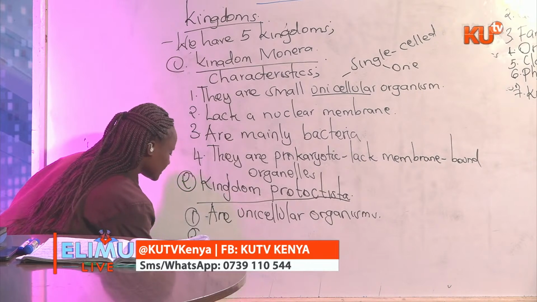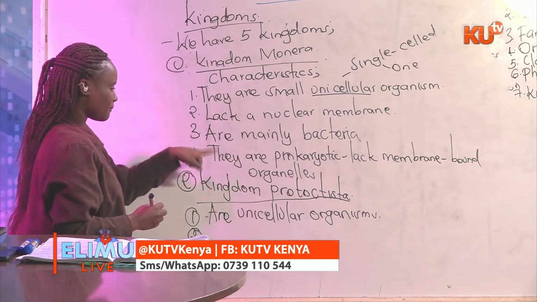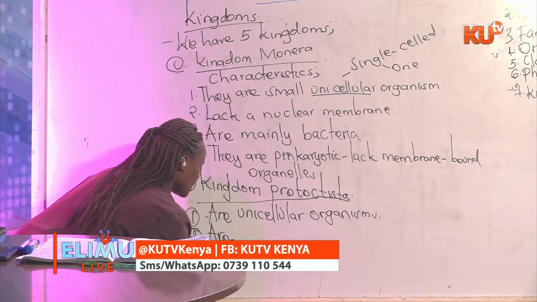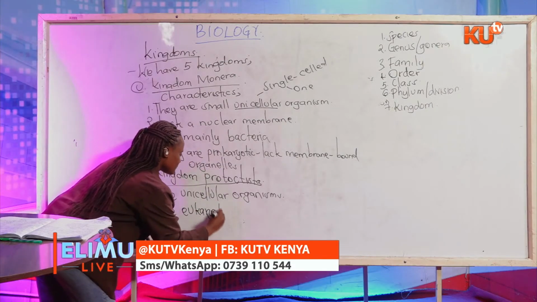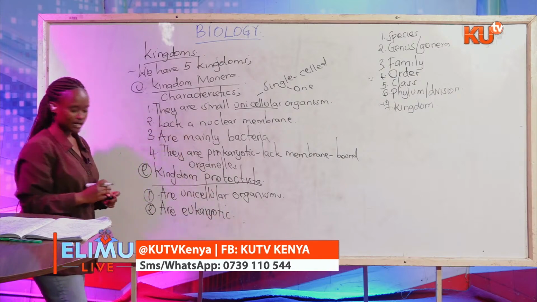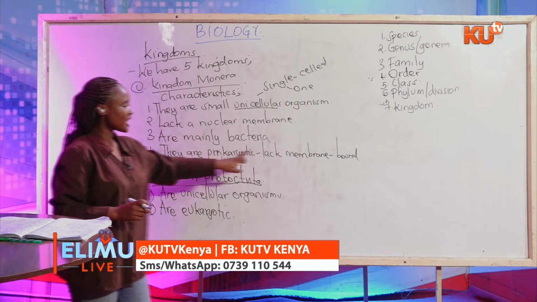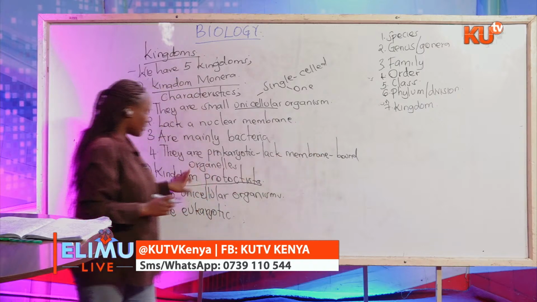Now our second, they are eukaryotic. That means they have membrane-bound organelles.